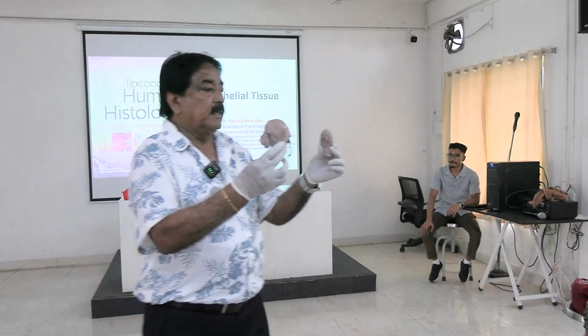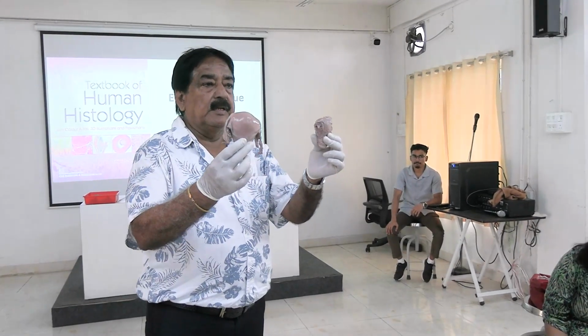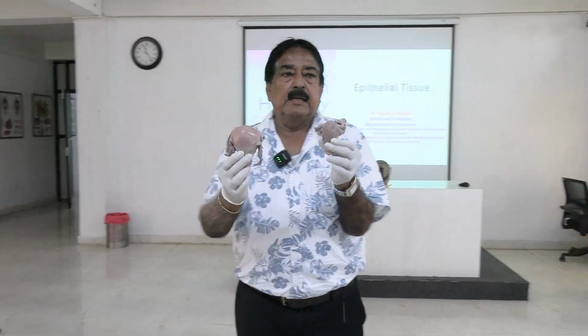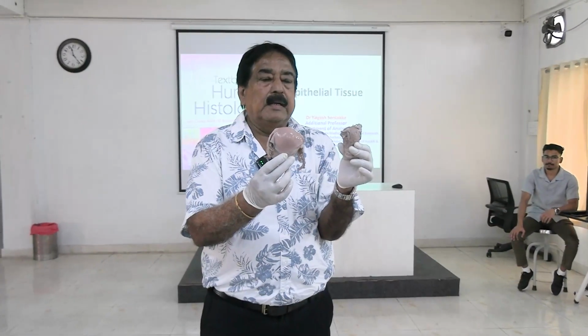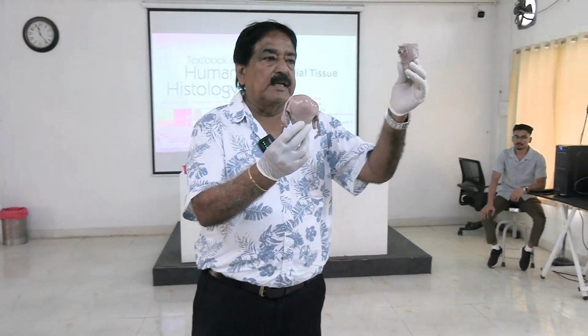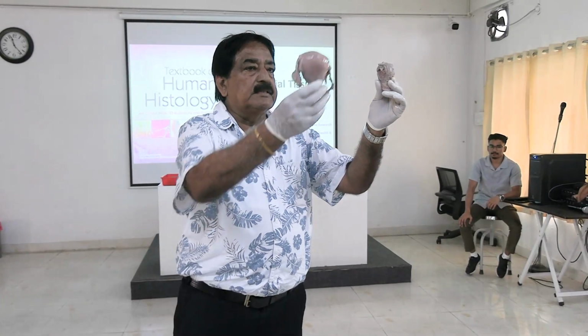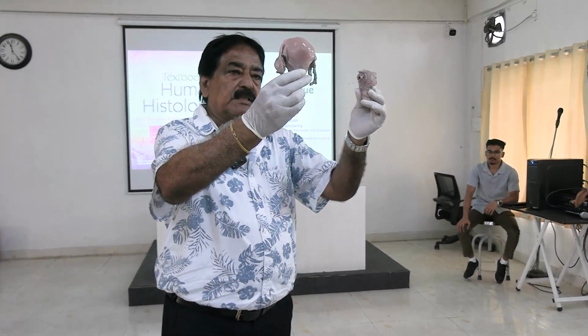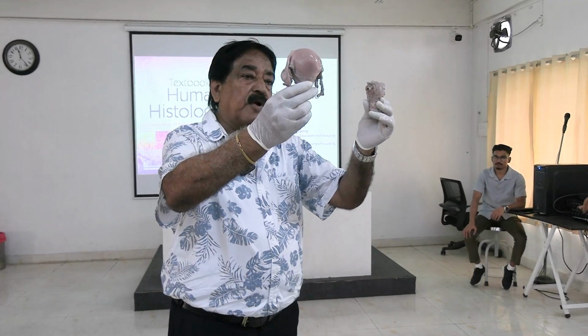What are these? Uterus. Okay? Now, this is more or less a normal size, and this is the uterus with a pathological condition, uterine fibroid.